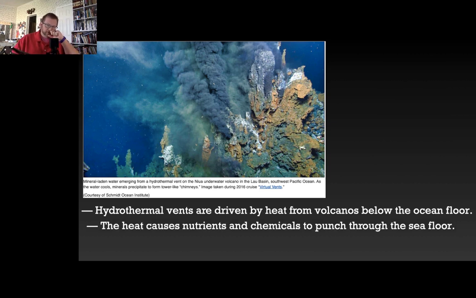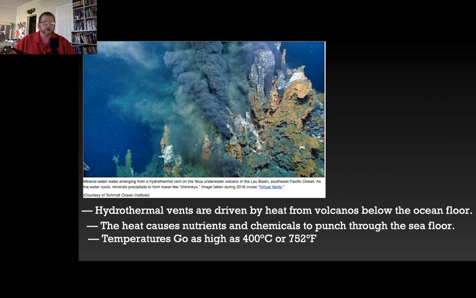Well, the heat causes the nutrients and the chemicals to punch through the ocean floor. Temperatures can be as high as 752 degrees Fahrenheit, 400 degrees Celsius. So it's extremely hot.